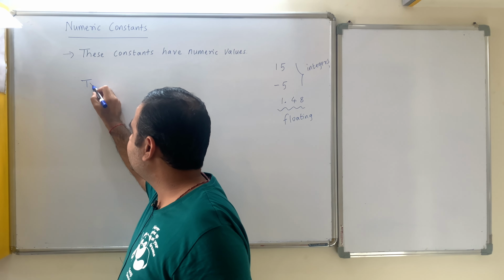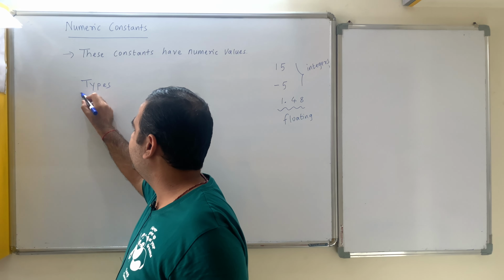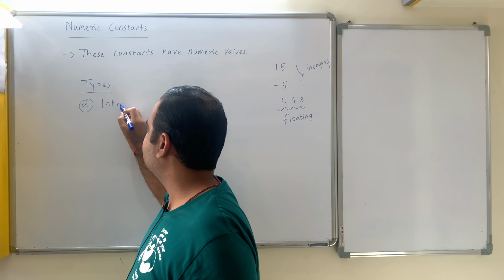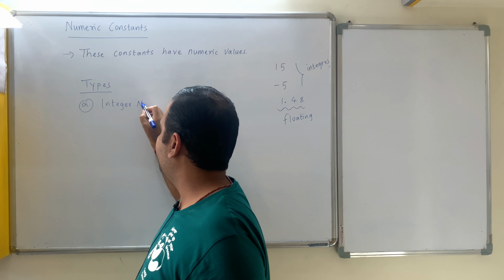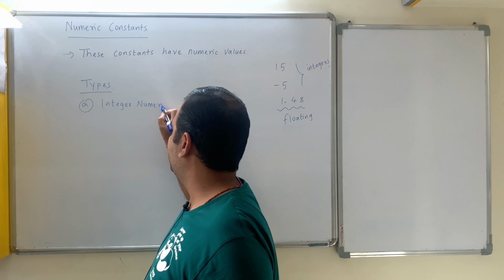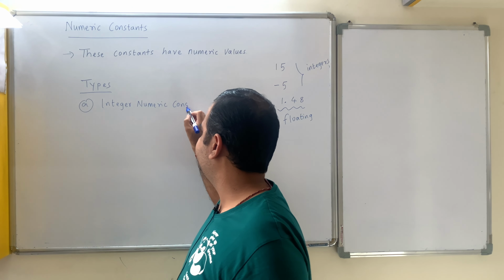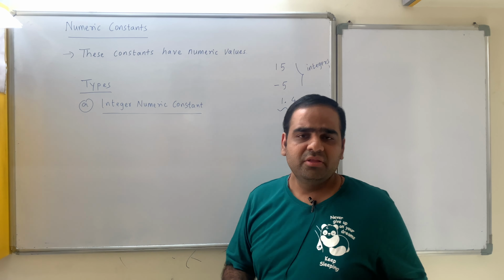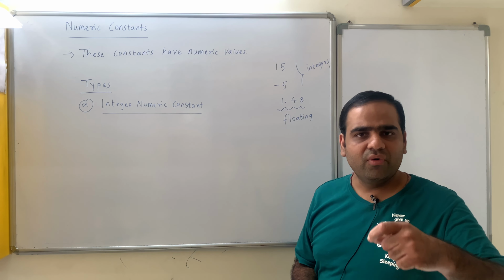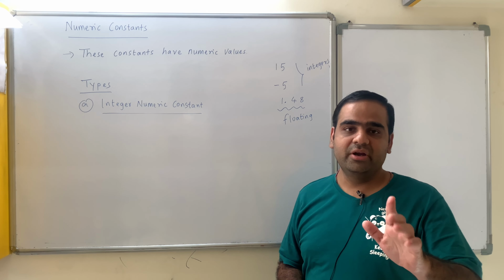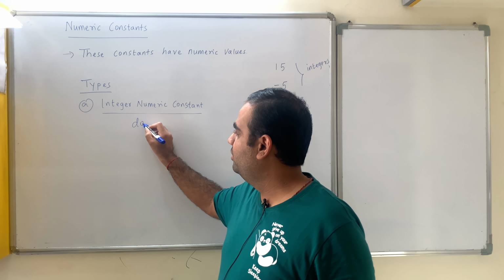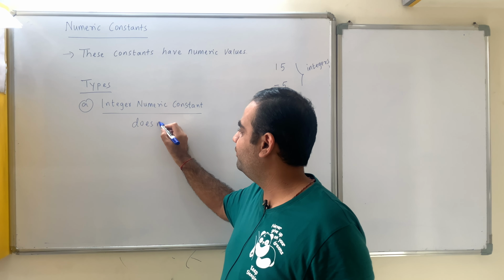The first type of numeric constant, I can write it as A, is integer numeric constant. What is this integer numeric constant? The integer numeric constants are ones which do not have the decimal point.